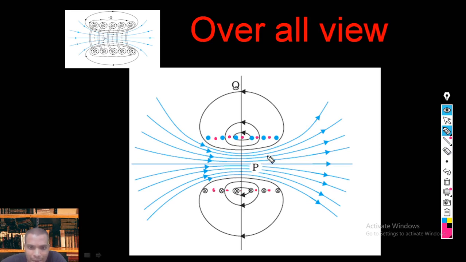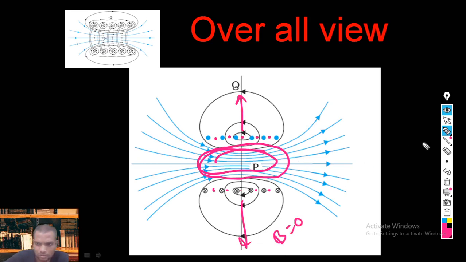The strength of the magnetic field is strongest inside the coil, and that is also a uniform magnetic field. And far away from the coil, the magnetic field strength goes to 0. So this is the pattern and direction of the magnetic field.